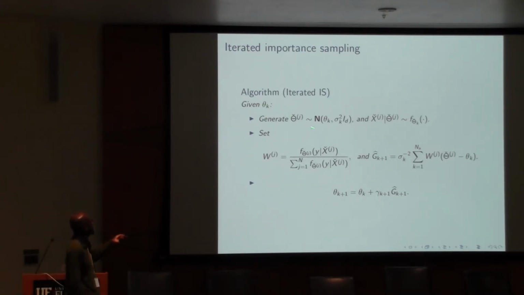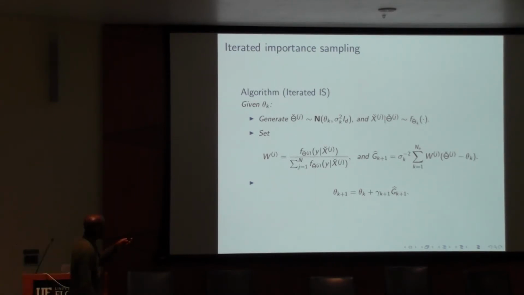Using theta k, I draw multiple samples from this Gaussian distribution with mean theta k. I draw my signal. I compute the weight as in standard importance sampling. And this is the estimate that I presented in the lemma. That gives me an approximation of the gradient.